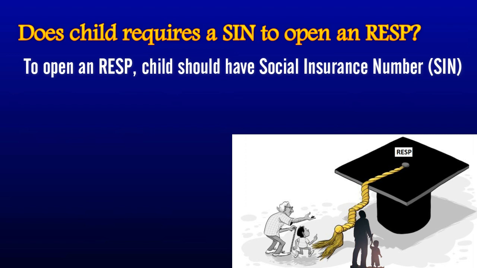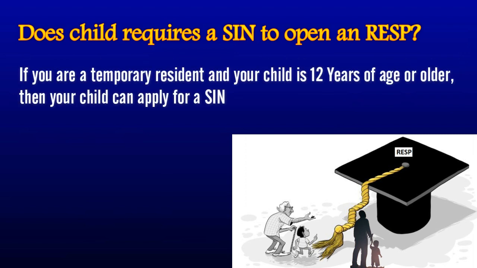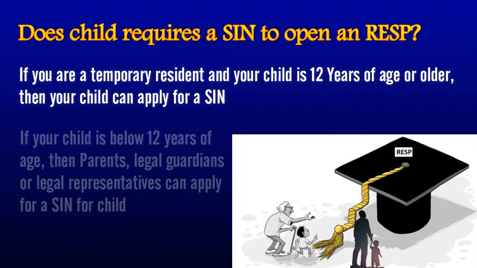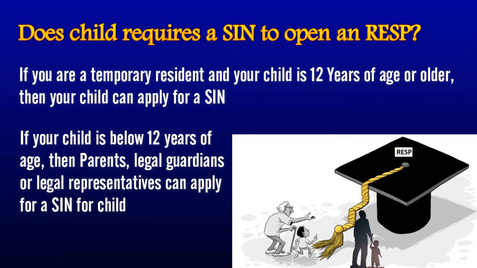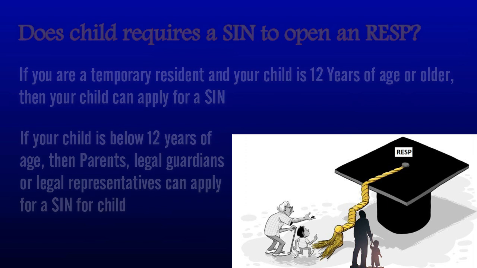To open an RESP in a child's name, the child should have a social insurance number. If you are a temporary resident and your child is 12 years of age or older, then your child can apply for a SIN. If the child is below 12 years of age, then parents, legal guardians or legal representatives can apply for a SIN for the child.